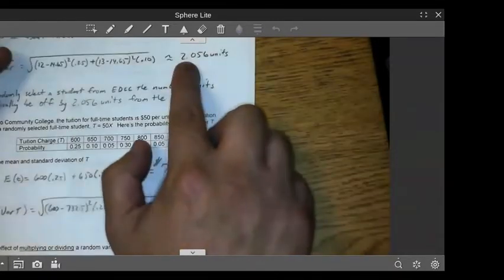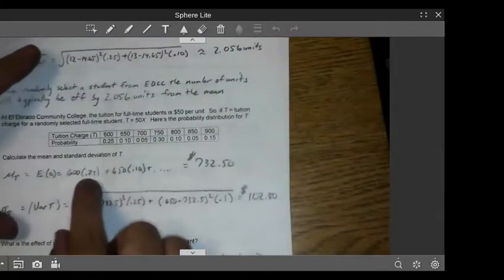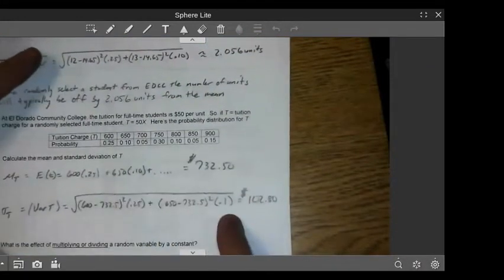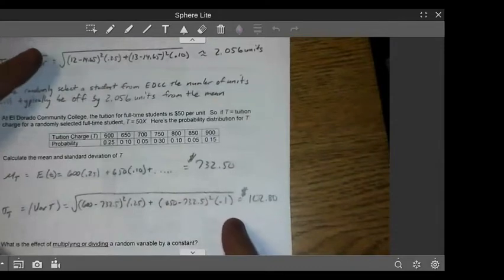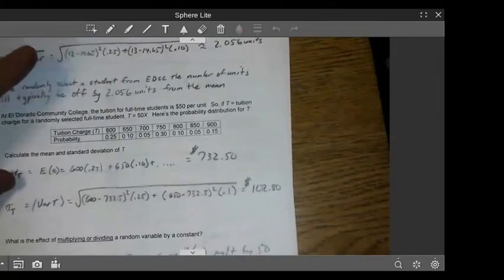So this is almost 2, and 2 times 50 is 100, and it's a little bit more. Again, you still have to show your work. You might think that's too bad, but just show your work. Them's the rules. Not my rule, their rule.